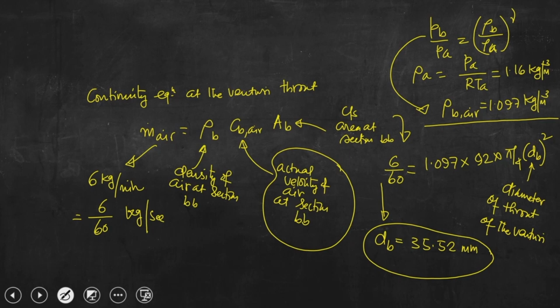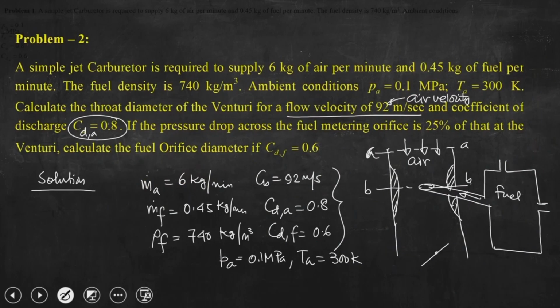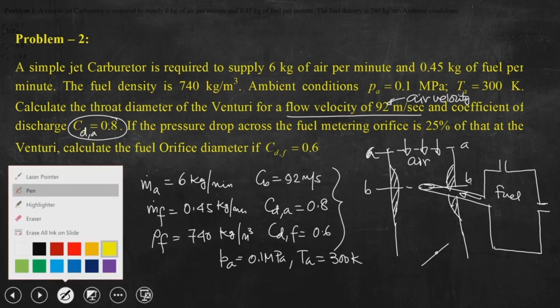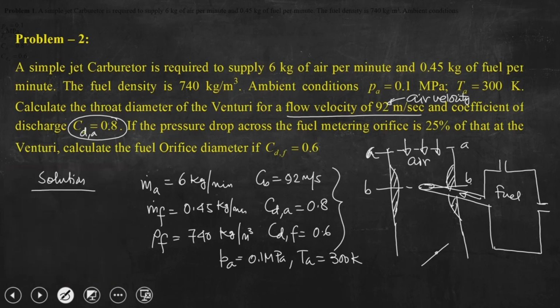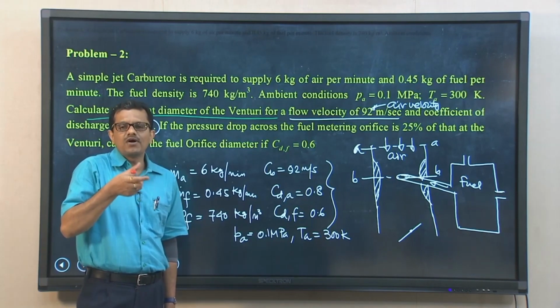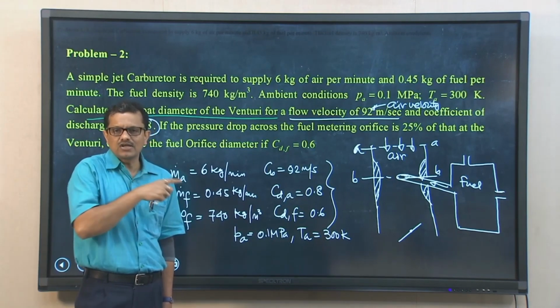If we go back to the problem statement, the first objective was to calculate the throat diameter of the venturi. So, we mark here that we have already calculated that. Next, because this is the flow of air, what would be the flow of fuel, which is also given.